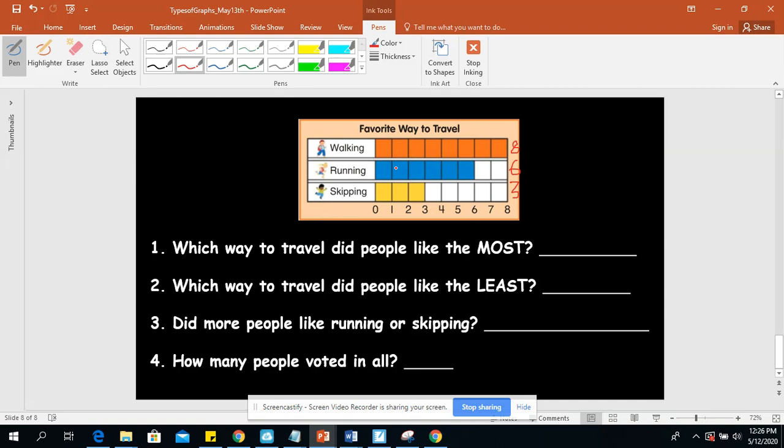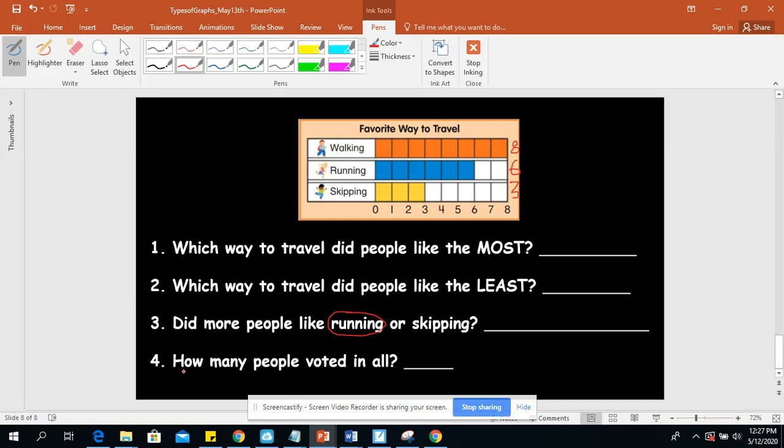More people chose walking. Skipping got the least amount of votes. Number 3, did more people like running or skipping? Well, we know 6 people liked running and 3 people liked skipping. 6 is more than 3, so more people liked running than skipping.